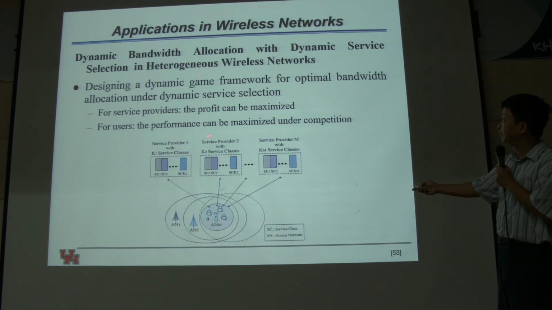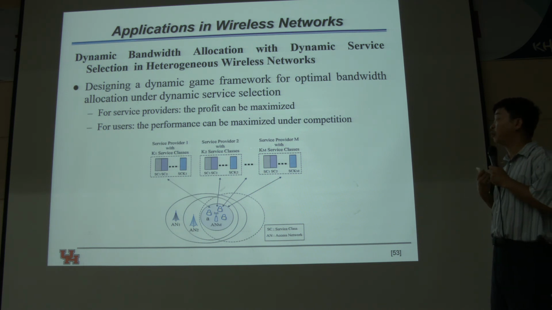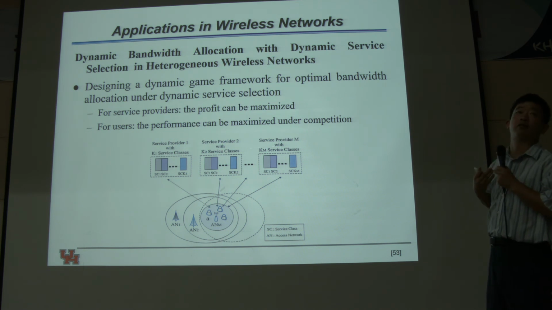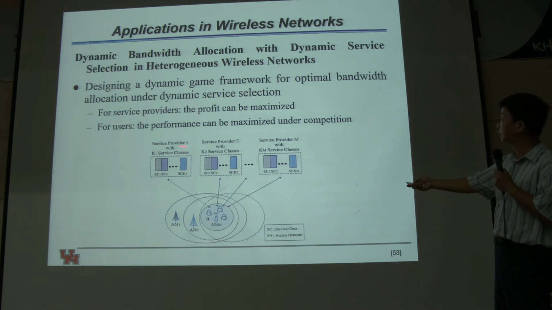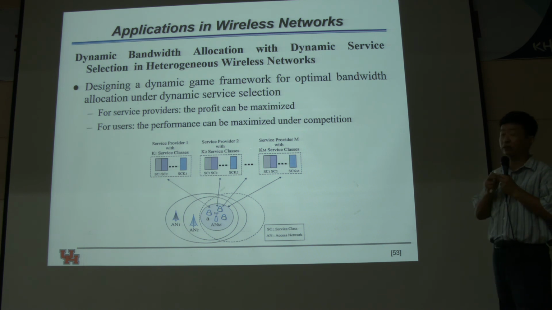So different service providers change their pricing, and then different users select different service providers to get the optimal payoff over time. So there is competition among the different providers, and the user also selects the optimal service provider.